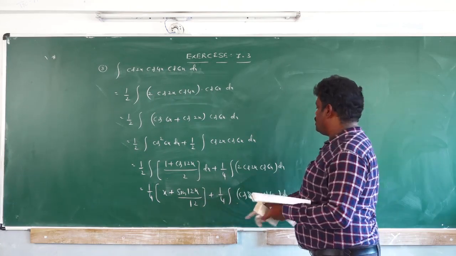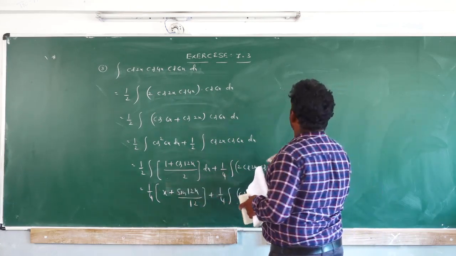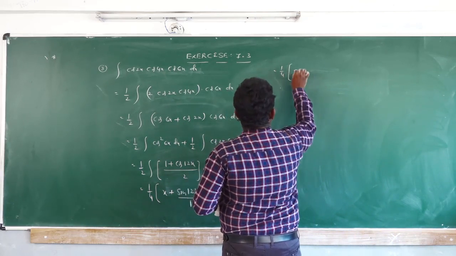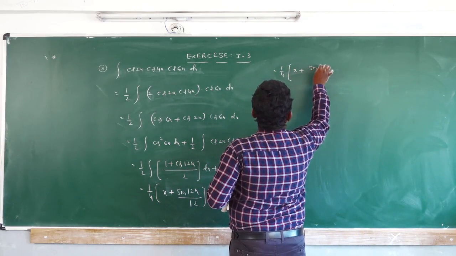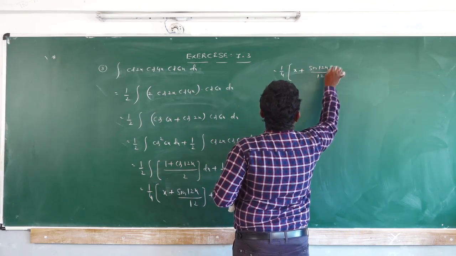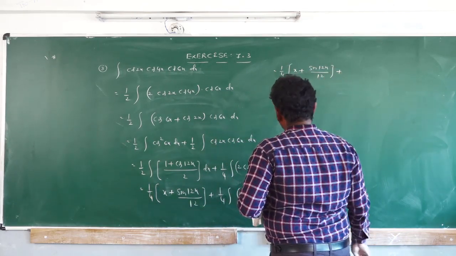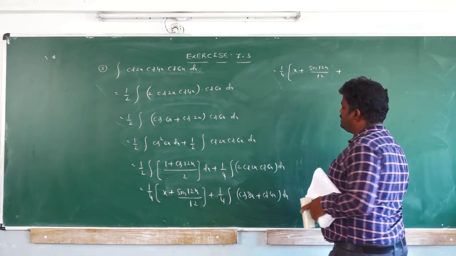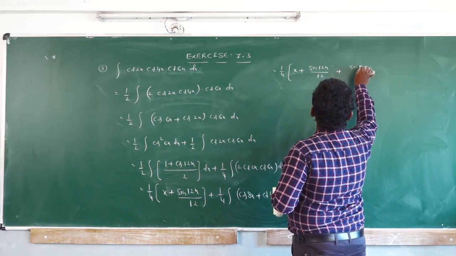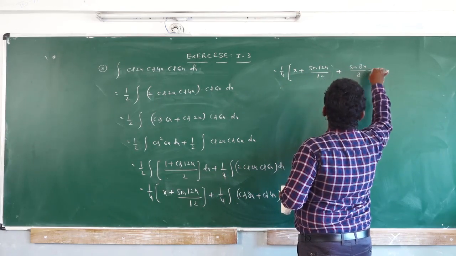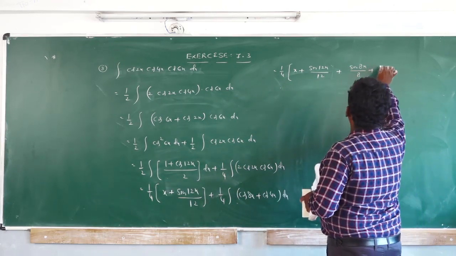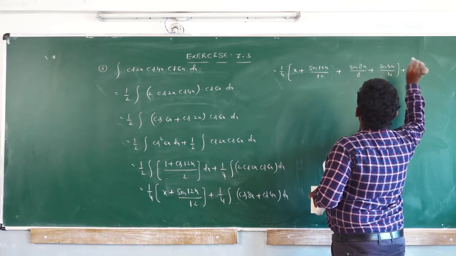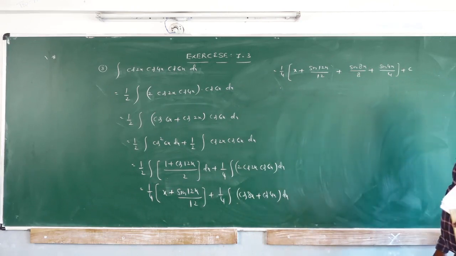Overall 1 by 4 common: x plus sin 12x by 12 plus cos 8x integration sin 8x by 8 plus cos 4x integration sin 4x by 4, overall plus c. Okay?